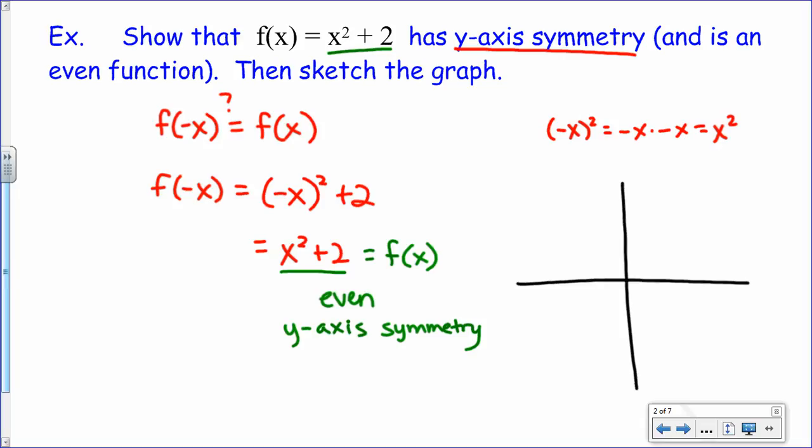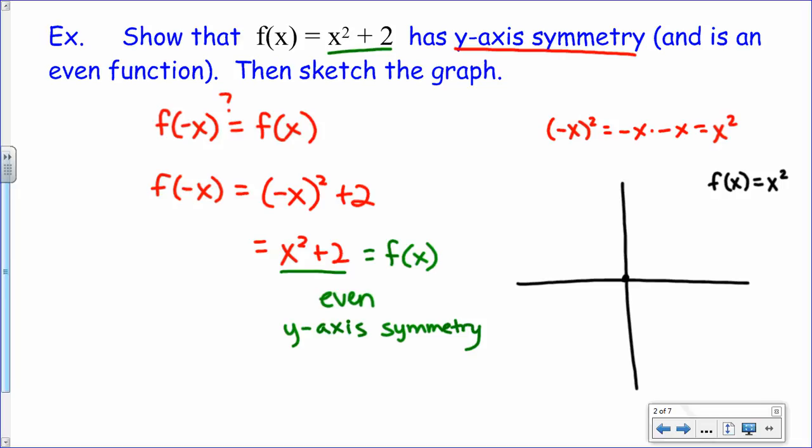First of all, let's go back and talk about what the graph of f of x equals just x squared looks like. That's a quadratic, the parent function of a quadratic. So it's a parabola. You start at 0, 0.